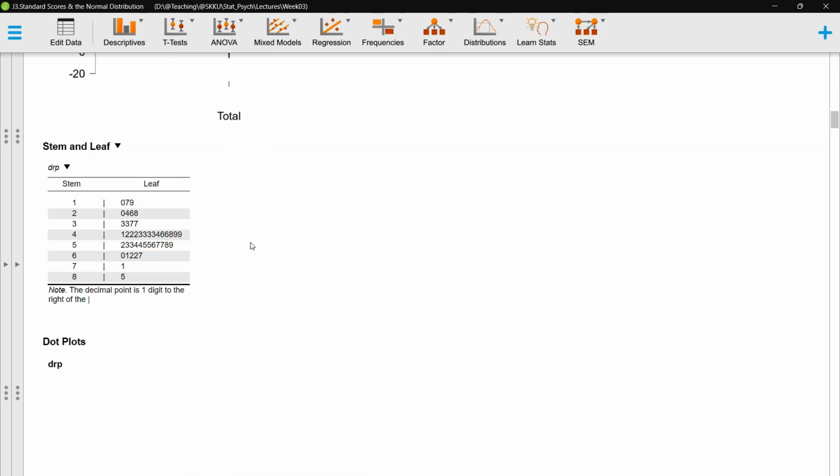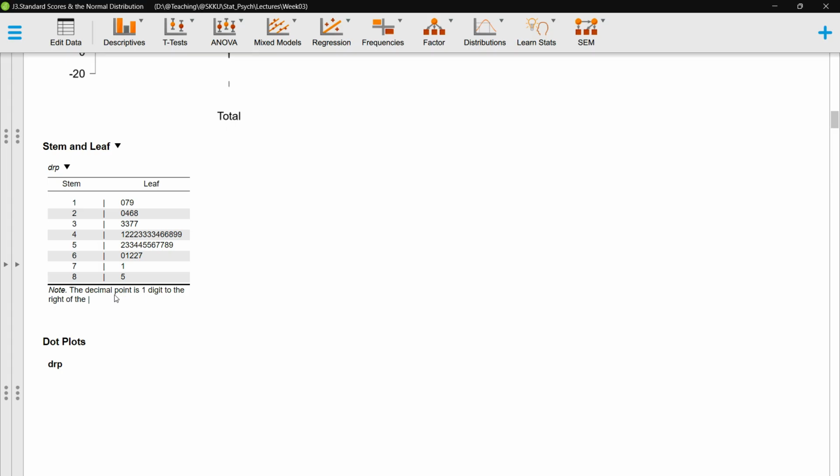Okay, let's go to the stem-and-leaf table or plot. We see the stems and leaves. Each leaf represents one observation. The first one, 1 0: where is the decimal place? The decimal point is 1 digit to the right of the vertical bar. That means the 10 means 10, right?